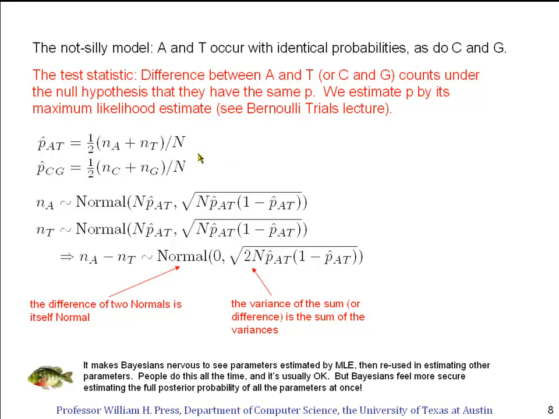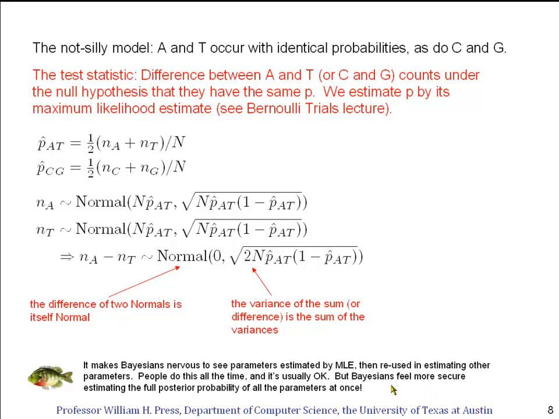The procedure where we first compute estimates of the parameters of the model and then do something for goodness of fit to decide whether it's a good model or not, whether we can rule out the null hypothesis. And the reason that this makes Bayesians nervous is that the data is kind of being used twice. The data is first being used to estimate parameters and then being used to estimate goodness of fit. And you kind of wonder whether that's fair.